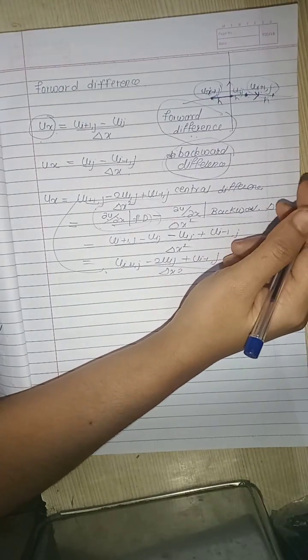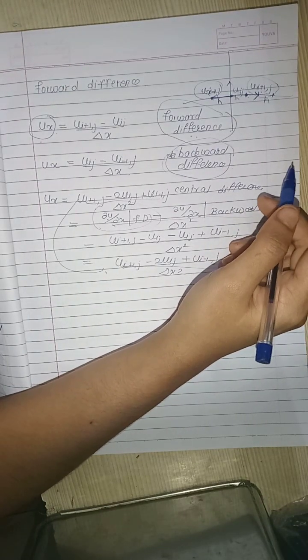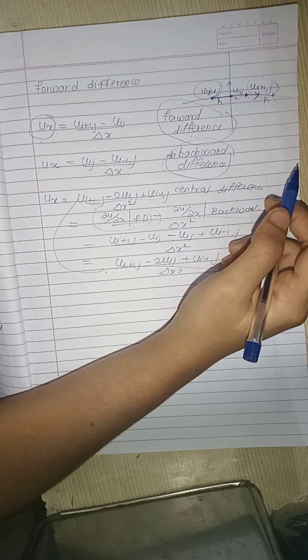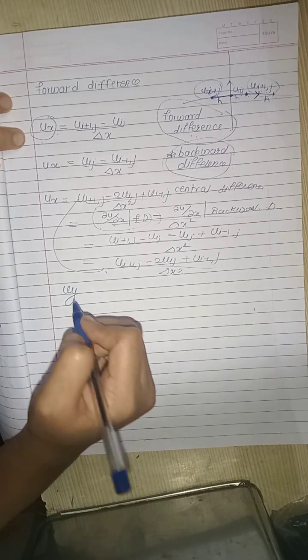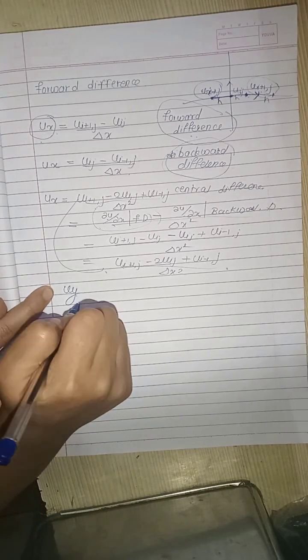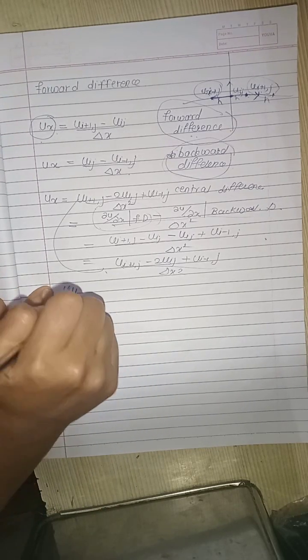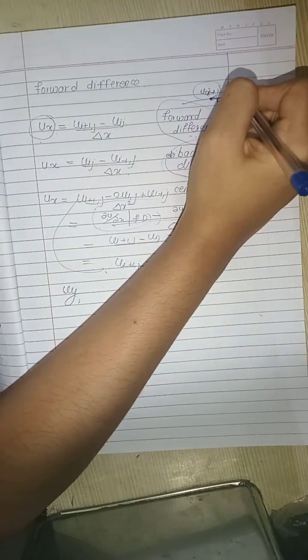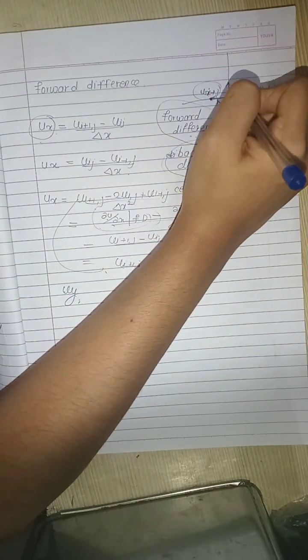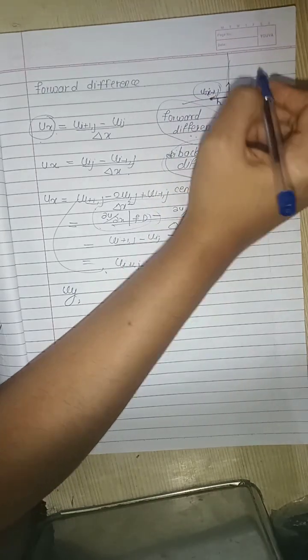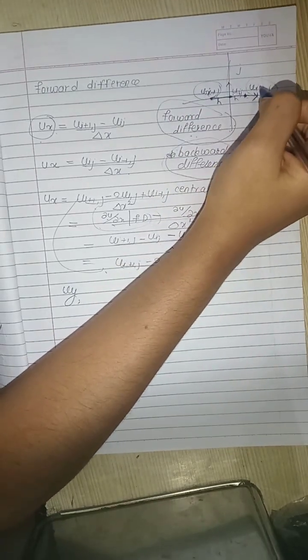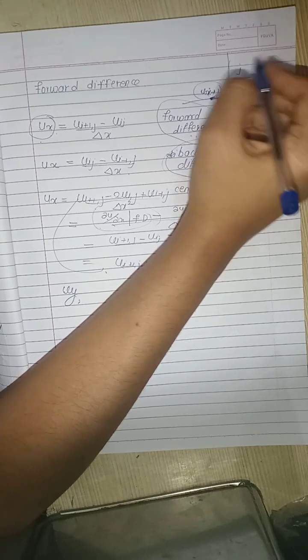Okay, so similarly it goes for u_y, u_yy. You are taking the partial derivative with respect to y, so you have to move u in the direction of the y-axis. Along the y-axis we have j, so you have to change the point j.